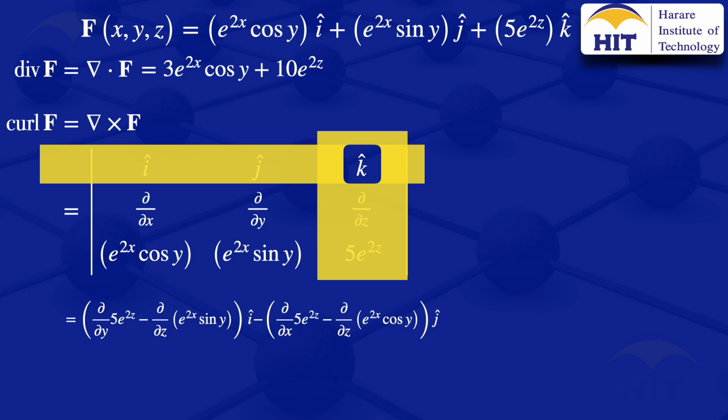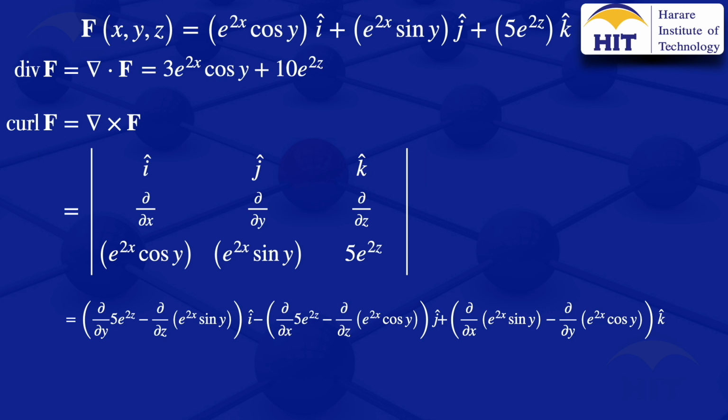For that determinant, we'll be looking at the partial derivative with respect to x of e^(2x) sin y, and then minus the partial derivative with respect to y of e^(2x) cos y. So we would have there plus the partial derivative with respect to x of e^(2x) sin y minus the partial derivative with respect to y of e^(2x) cos y, k.